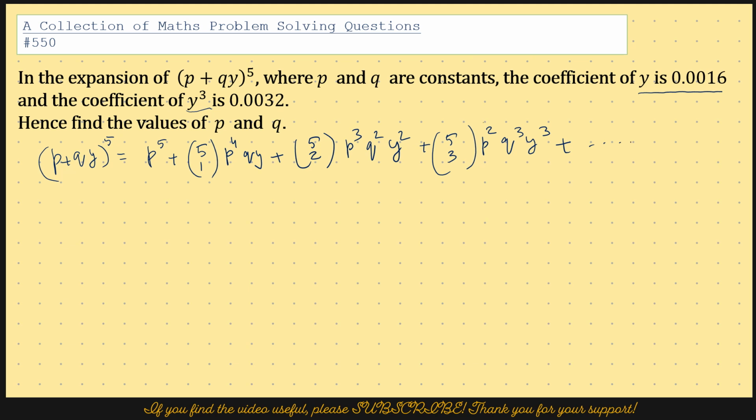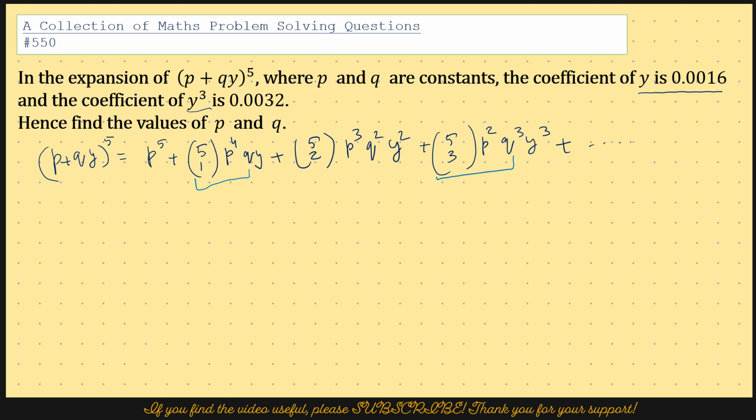So then what we can find is that this is the coefficient of y and this is the coefficient of y cubed.